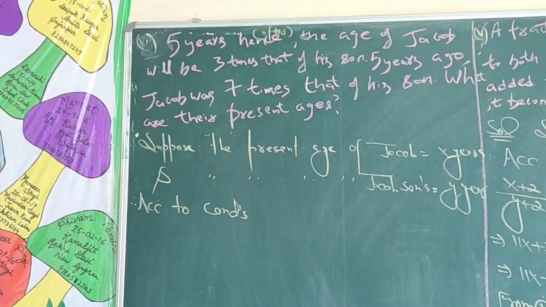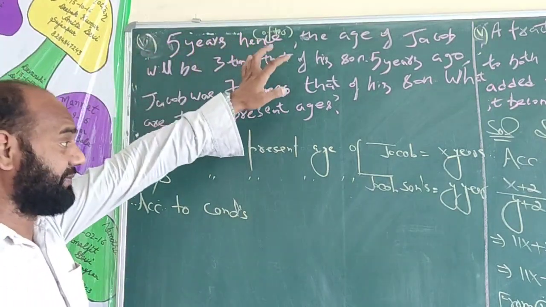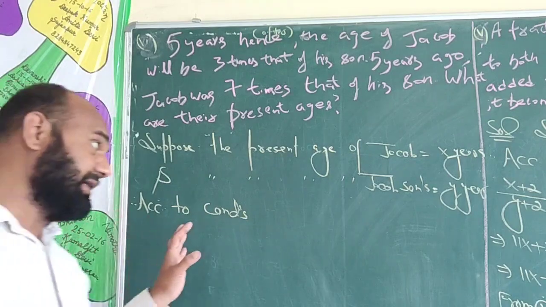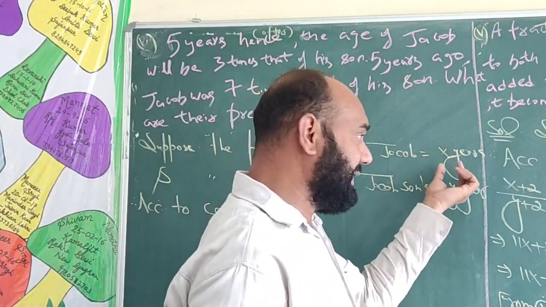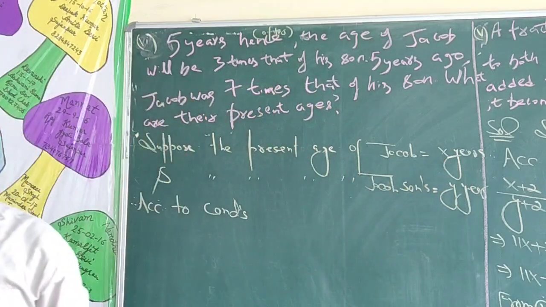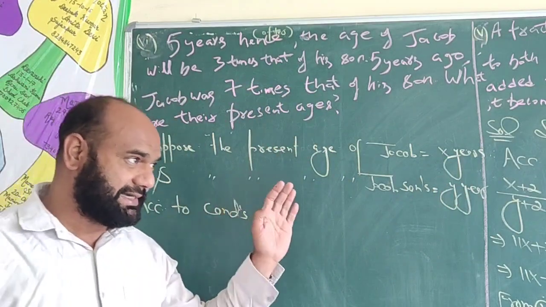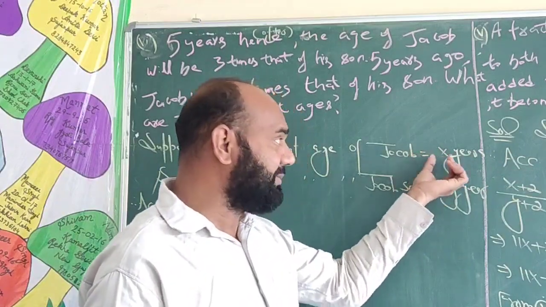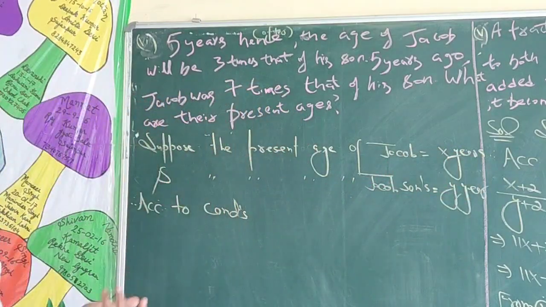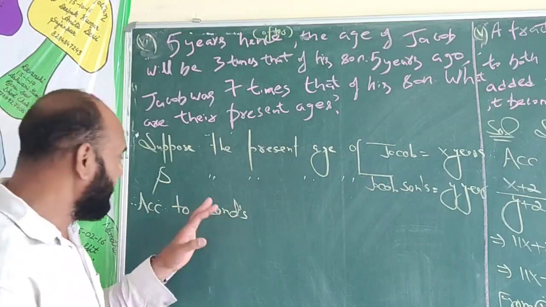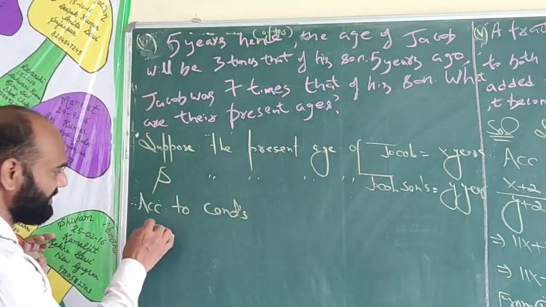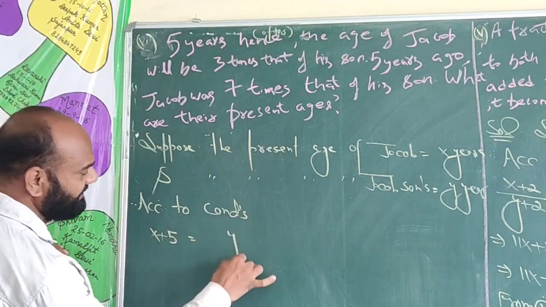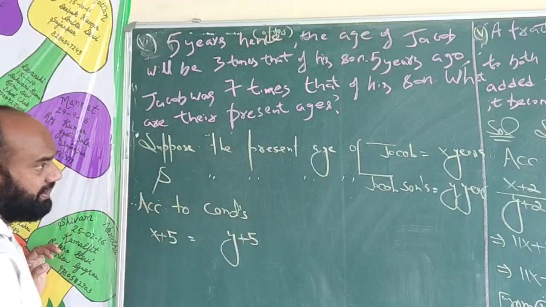According to the first condition, 5 years hence means 5 years after. After 5 years the age of Jacob is x plus 5, because when the present age of Jacob is x years, then after 5 years 5 is added to the present age of Jacob. Therefore, after 5 years the age of Jacob is x plus 5 and the age of his son is y plus 5.